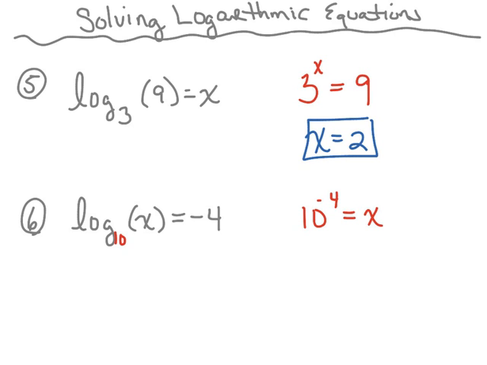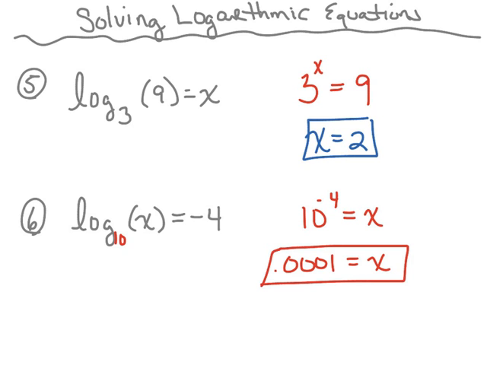Again, there is a base. The base is 10. So what I need to do is find the value of x. 10 to the negative 4 power is what? Well, in this case, 10 to the negative 4 power would be 0.0001. Therefore, this is my solution to this equation.